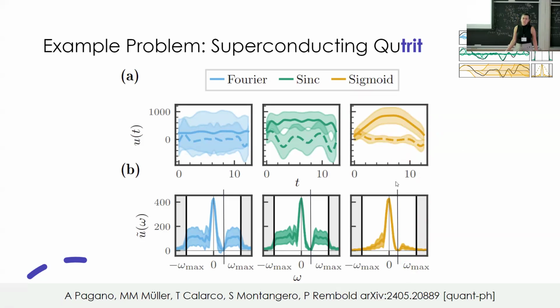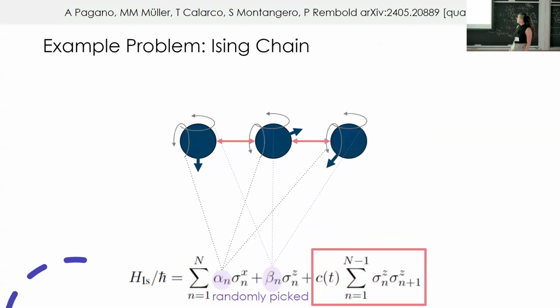They actually also look quite similar to the half analytic solutions that we know here, while the sinc and Fourier bases obviously explore a much larger solution space here, where they find like local optima, but somehow it seems like it's more difficult for them to find the features that are important for this pulse, and they explore regions that are not super useful. Okay, and so we looked at the second problem, which is this Ising chain.